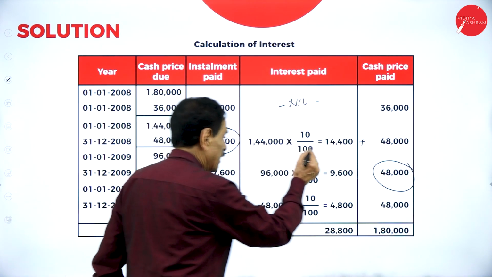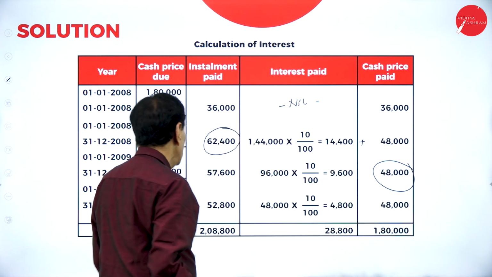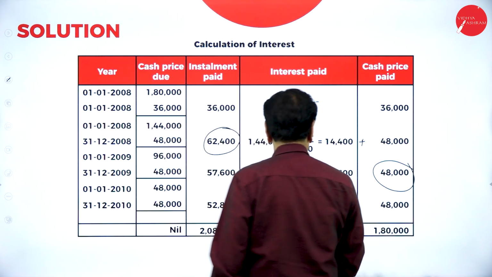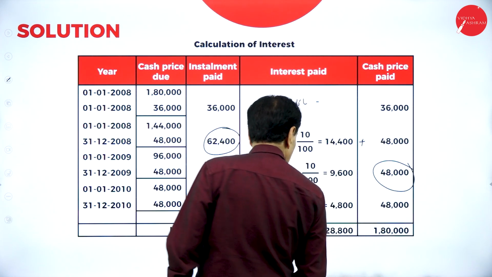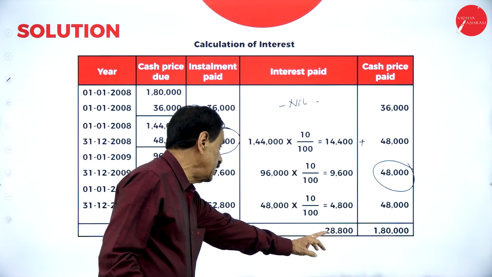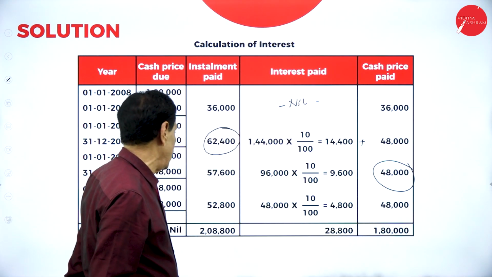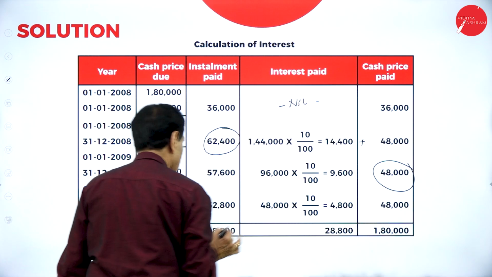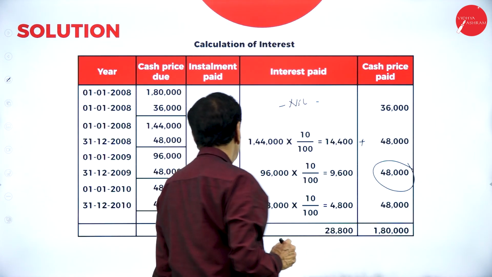In the third year, he pays 48,000 plus interest of 4,800, totally 52,800. So your installment money comes to 2,08,800. Your interest paid is 28,800. Actually, the cash price is 1,80,000, so 1,80,000 plus 28,800 becomes 2,08,800. This should be remembered.